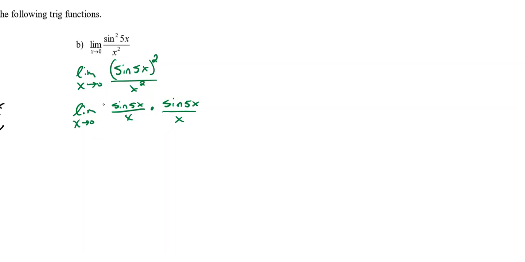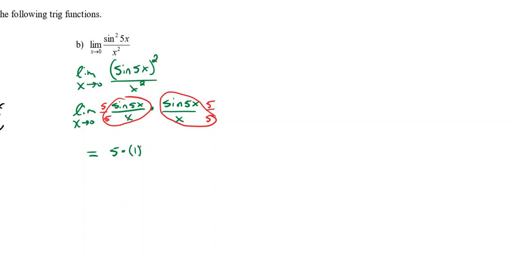We can do that quite easily by just multiplying this by 5 over 5, and then the other one as well. Multiply that by 5 over 5. And now perfect, right? This is 1, and this is 1. You can kind of see it there. All right, so we'd say this is equal to 5 times 1.